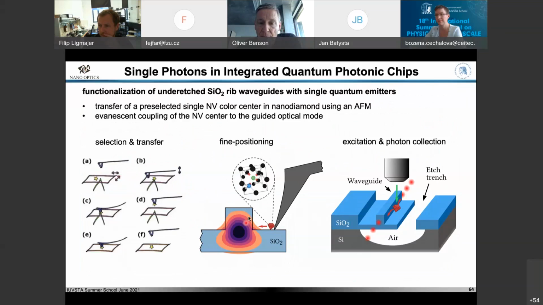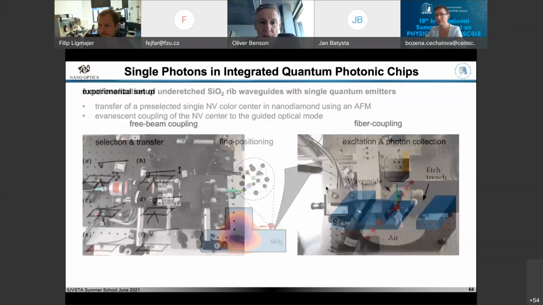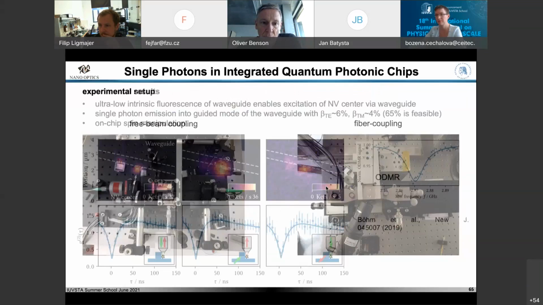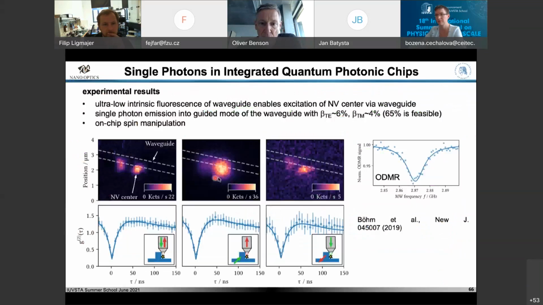And you put them in interaction with waveguides so that you have this Drosophila system, an atom-like object interacting coherently with the waveguide mode. And this is basically what, maybe if we take a look at this here, only the central image, the central emitter emits single photons, and it emits photons in the waveguide.